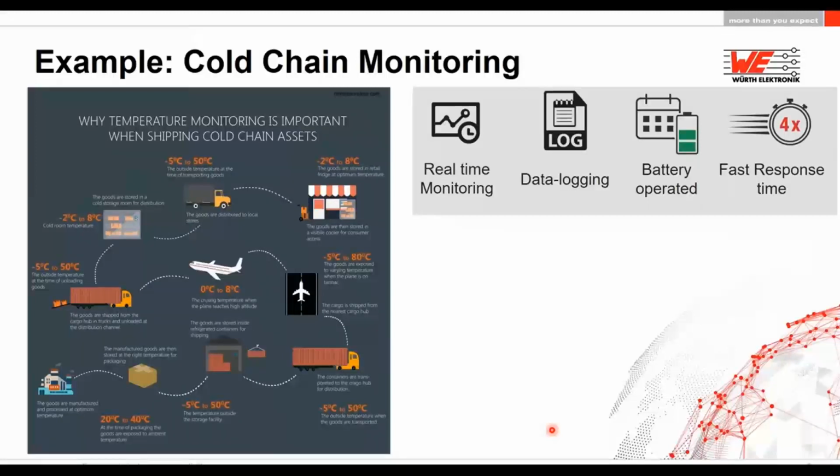It should be battery operated. Most of the time in the supply chain, the food is traveling in trucks or in airplanes, and it should also have a fast response time, so that it can react very quickly to temperature changes and alert a user that please pay attention, the temperature is not correct, for example.